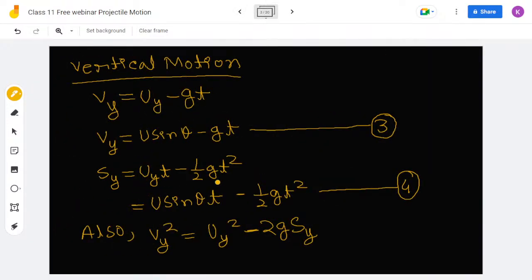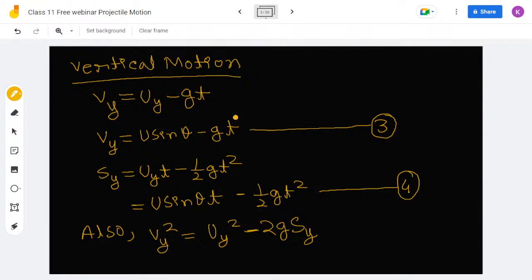In vertical motion, from equation number 4 we can see that s suffix y, which is actually the height, equal to u sin theta t minus half gt square, and from equation number 3 we can see that v suffix y, which is the velocity at that particular height, equal to u sin theta minus gt.